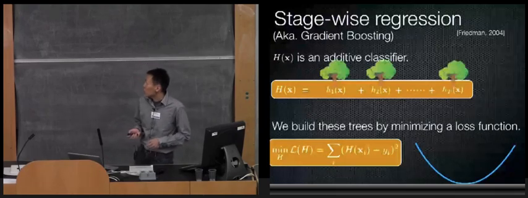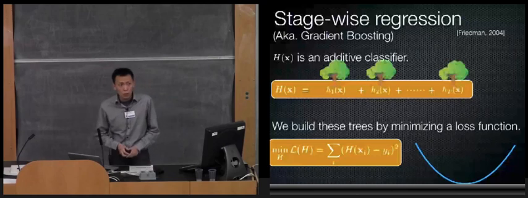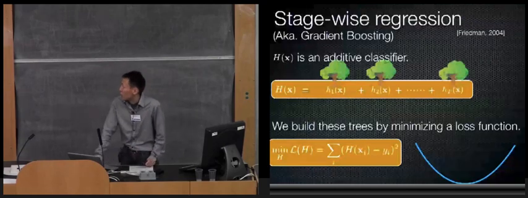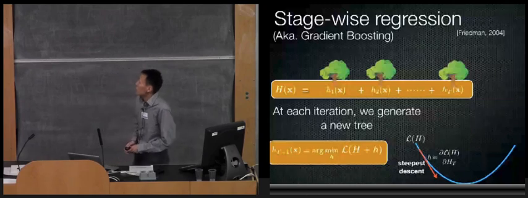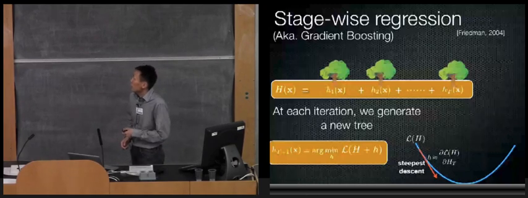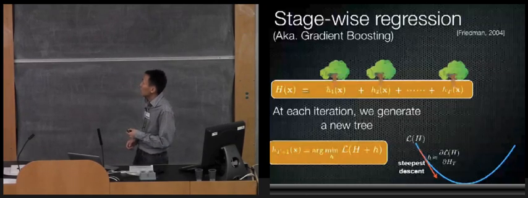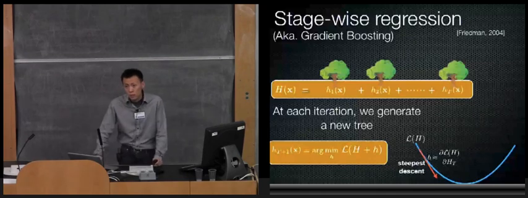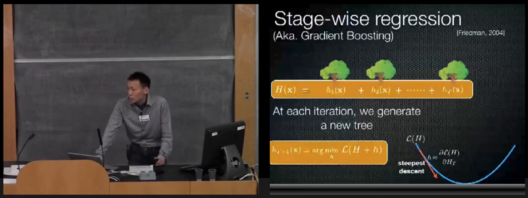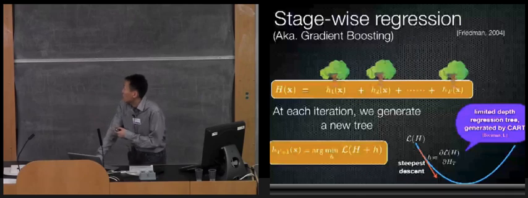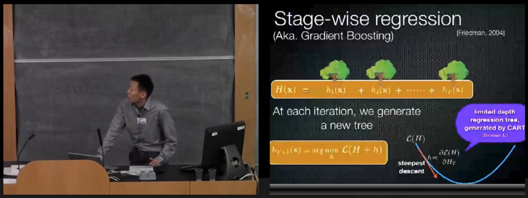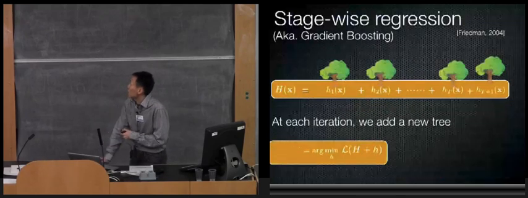The loss function can be a square loss for regression problems or a logistic loss for classification problems. At each iteration, we generate a new tree that minimizes the loss function. The new tree is a limited-depth regression tree generated by the CART algorithm, and we add this new tree to our classifier H(x).